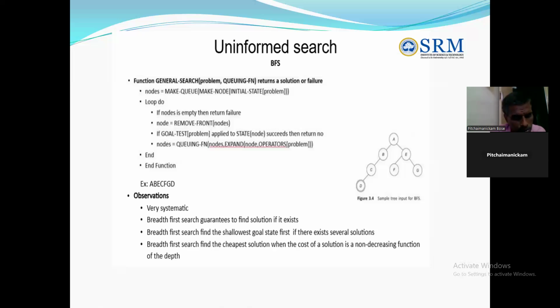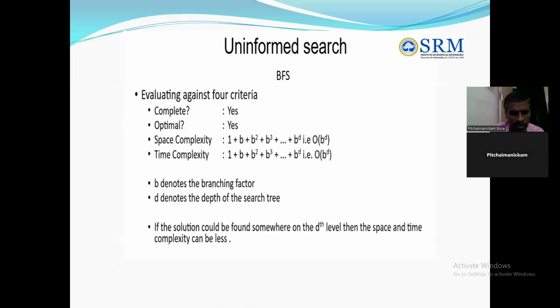Breadth first search finds the cheapest solution when the cost of the solution is a non-decreasing function. And one more piece of information is that BFS is an uninformed search.